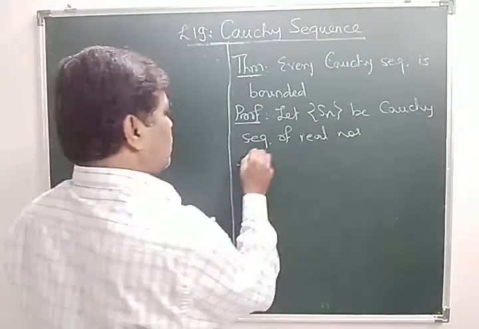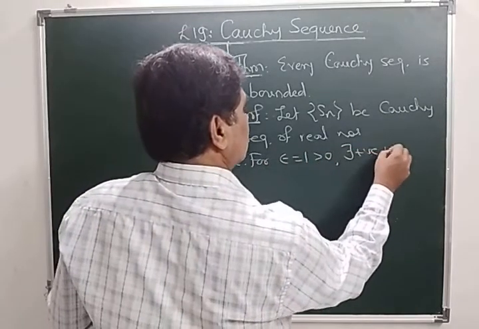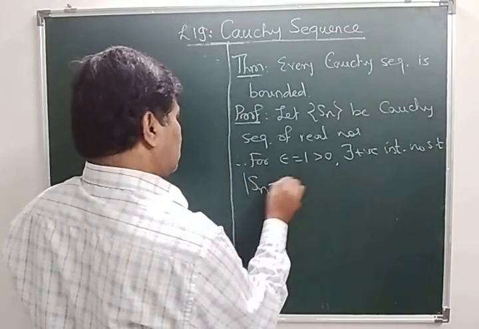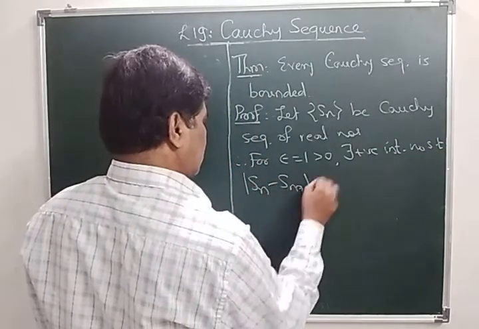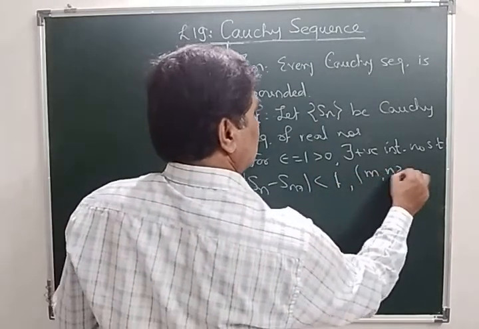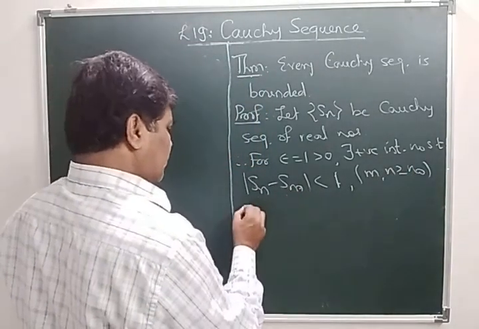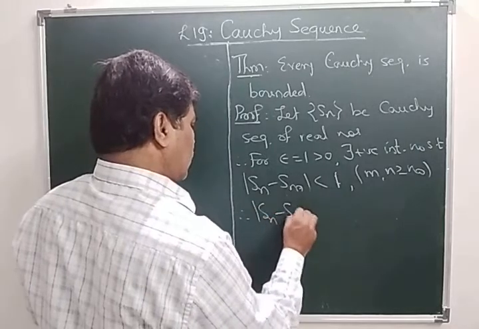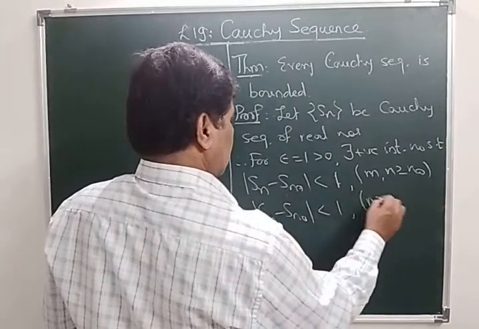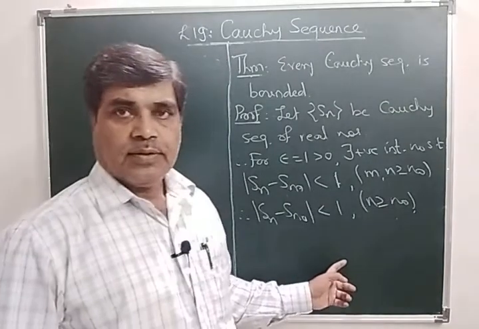Therefore for epsilon equal to 1 greater than 0, there exists positive integer n naught such that mod Sn minus Sm is less than epsilon for any m, n greater or equal n naught. In particular, if I replace m by n naught, then mod Sn minus Sn naught is also less than 1 for any n greater or equal n naught. Is it clear?